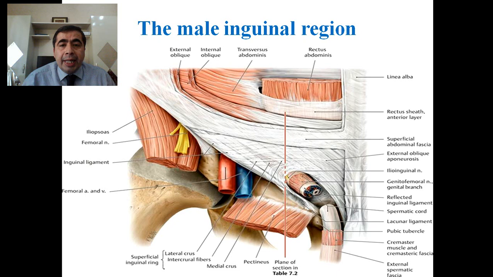And in the male inguinal region, you know, the musculus obliquus internus abdominis, the internal oblique abdominal muscle, and the transverse abdominal muscle originate from the inguinal ligament, and we get a cleft-like structure, the inguinal canal, canalis inguinalis, and this canal was used by the testes for passing from the abdominal cavity into the cavity of the scrotum.